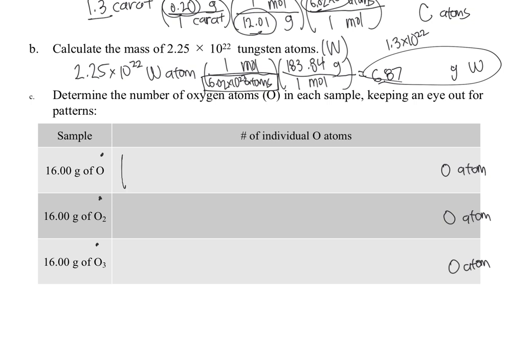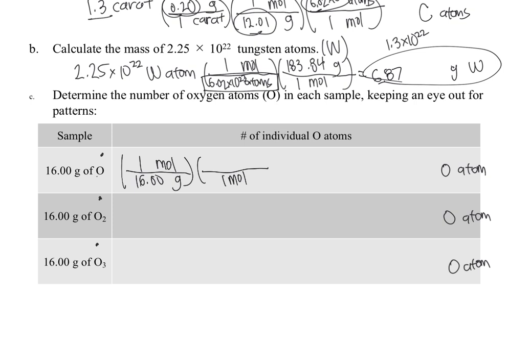Notice we are just in grams of oxygen. So I want grams to go away. I'm going to put it on the bottom, and I want to go to moles. Again, 1 mole. Now, just a single oxygen is 16.00 grams for its molar mass. So we'll be able to go from moles, now 1 mole on bottom, to atoms.